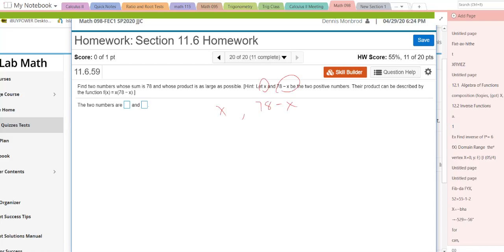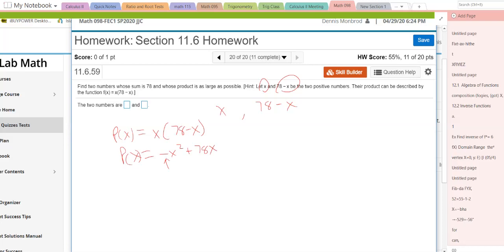The product can be described by the function. Oh no, they're telling us this. There's our product, say P of x, right? The product function is the product of these two numbers, and we want this to be as large as possible. Well, the idea is that this is a parabola, and we can see it opens down, so it will have a vertex.